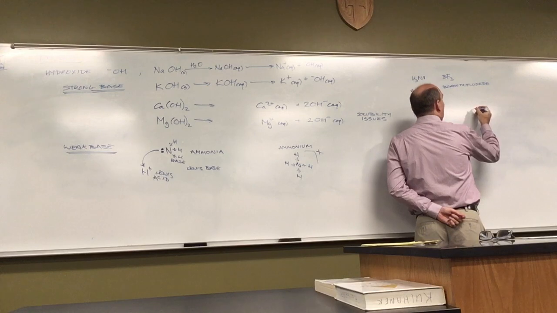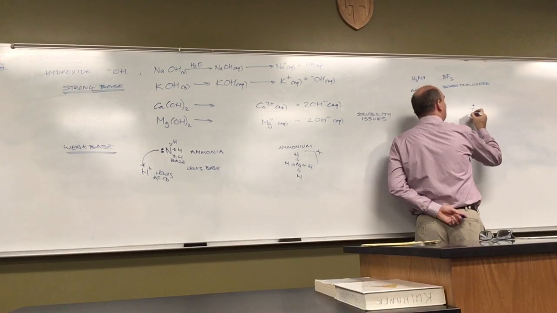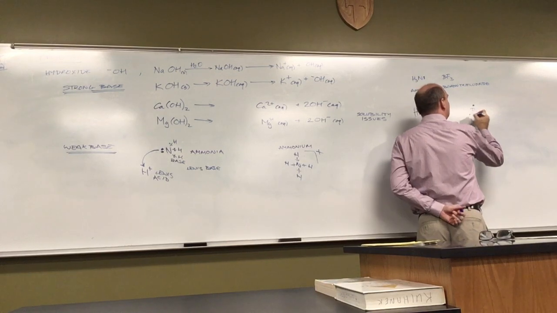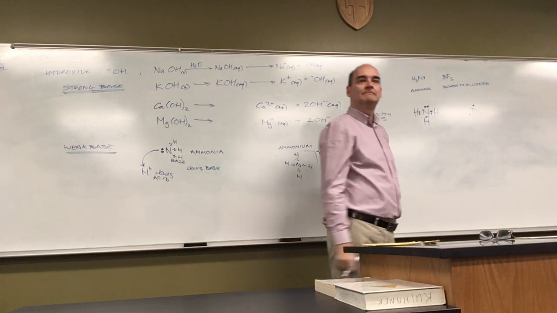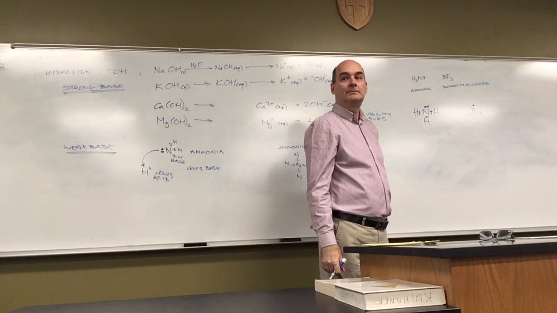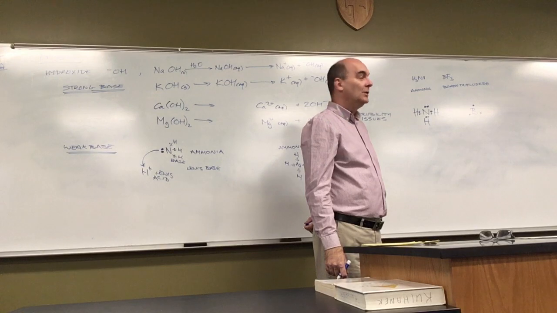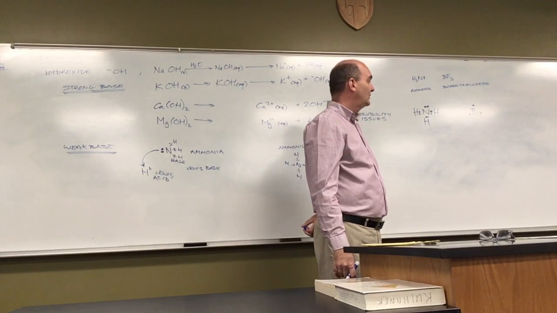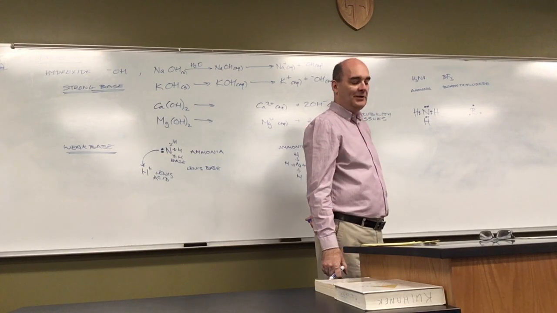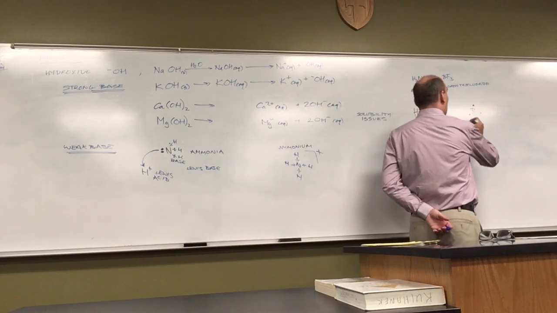Here's boron trifluoride. Here's the boron. Boron's in group 3. It has 3 valence electrons. And then I'm going to use each of those unpaired valence electrons to make a covalent bond to a fluorine.